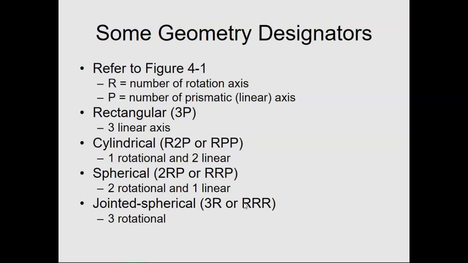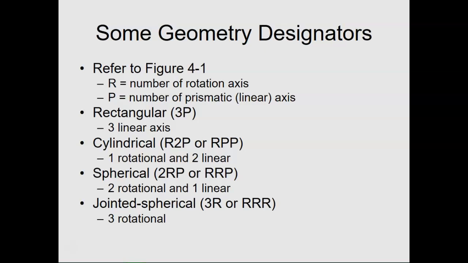So we have other ways we can classify these, and that's by the joints and what the joints do. If the axis is a rotational axis, that means it moves in a circular pattern of some sort. That is a rotation axis.